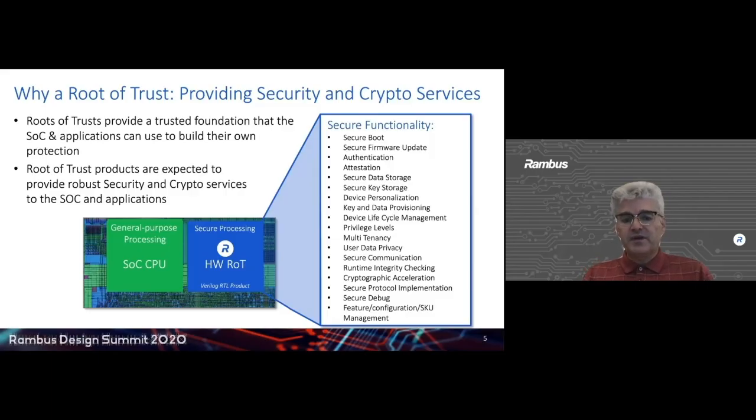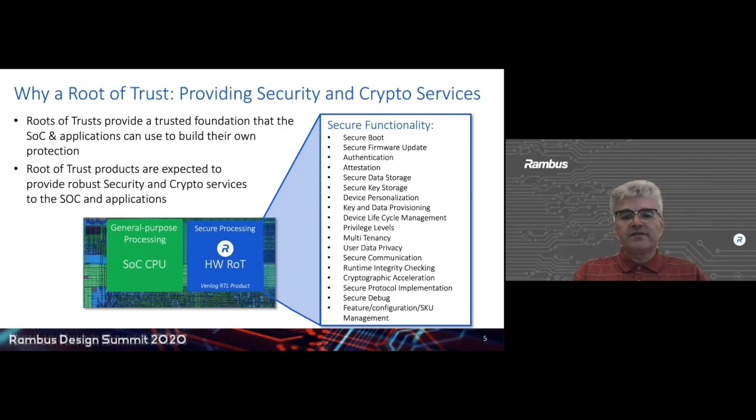That typically comes for embedding into your design as a Verilog RTL product. And on the right, I listed a list of secure functionalities that you could expect from a root of trust. You might not necessarily need all of them, but at the minimum, you need a couple.